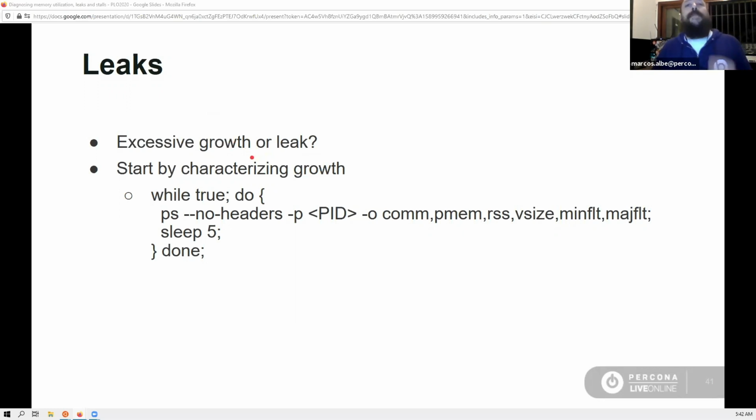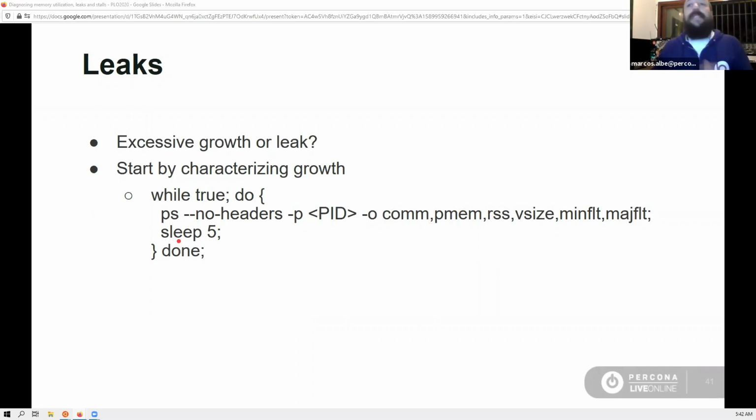So for me, one of the most important things to do is to start by characterizing the growth. So a simple loop with ps, showing us the RSS and the percentage of memory the process is using, every 5 seconds, and let it collect data for some hours.